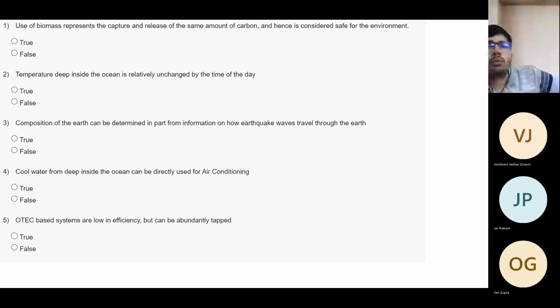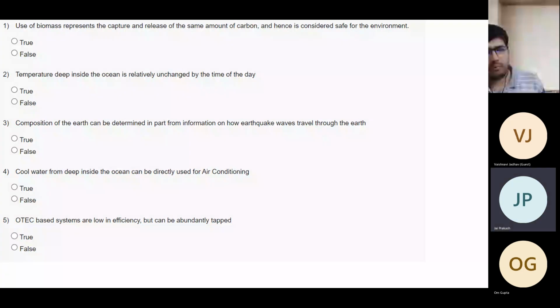Cool water from deep inside the ocean can be directly used for air conditioning. Yes, that's true. In the OTEC, it's true because we can directly use the cold water in air conditioning. OTEC based systems are low in efficiency but can be evidently tapped.